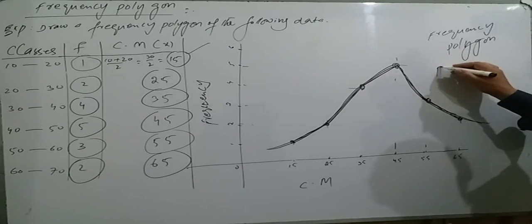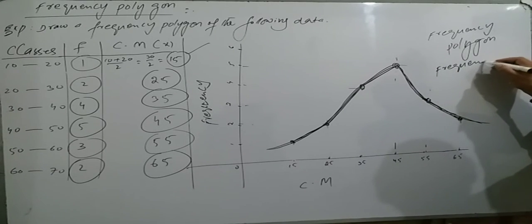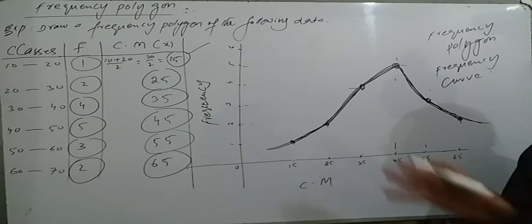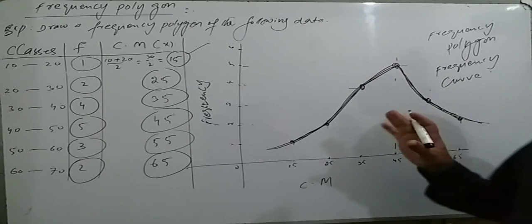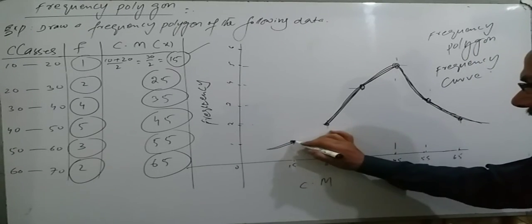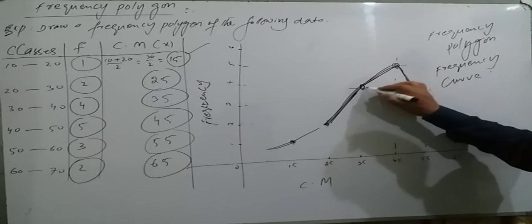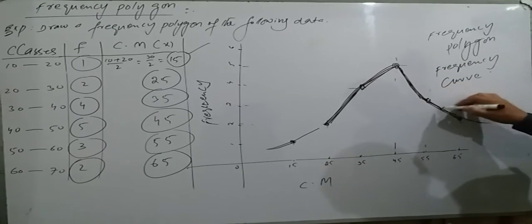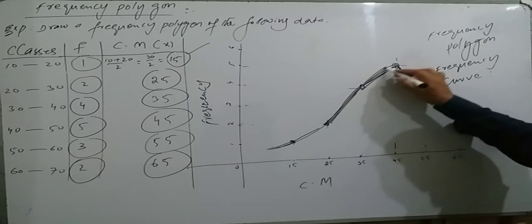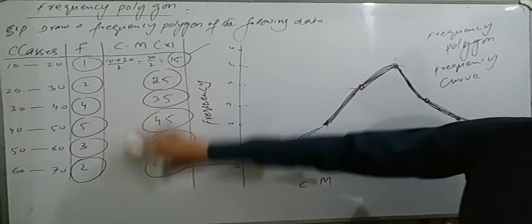We will get a frequency curve. That is the difference between frequency curve and frequency polygon. Frequency polygon, straight line. Frequency curve, smooth line. The rest of the procedure is the same.